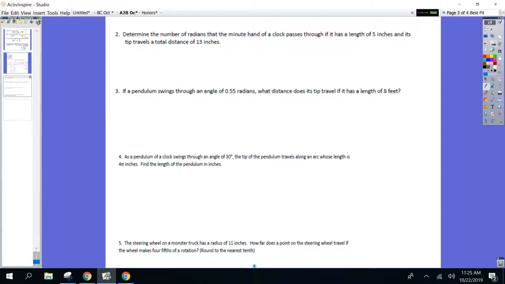Minute hand on a clock. Everyone know what a minute hand is? Is it the shorter one or the longer one? Well, come on, settle down. I corrected myself, longer one. But there's two. Isn't it the red one? It's not the red one though. I think the red one's broken. It hasn't been working all year. It's the one that's by the 5. Sometimes it doesn't work.